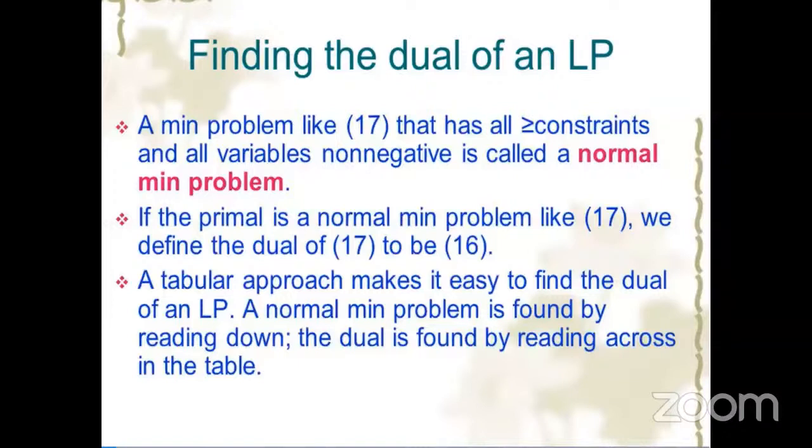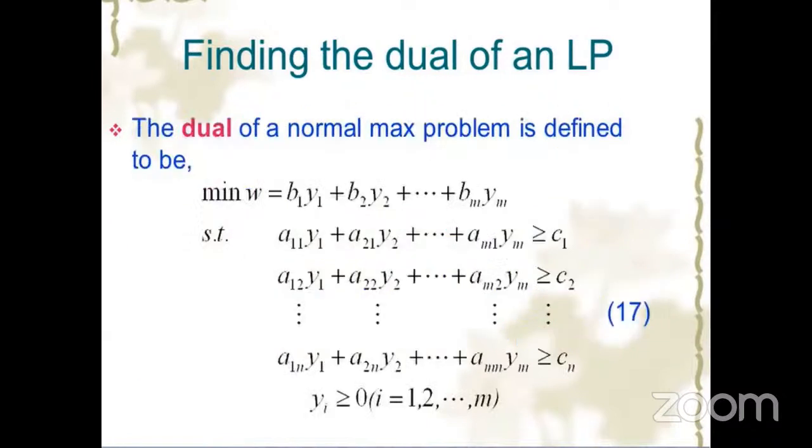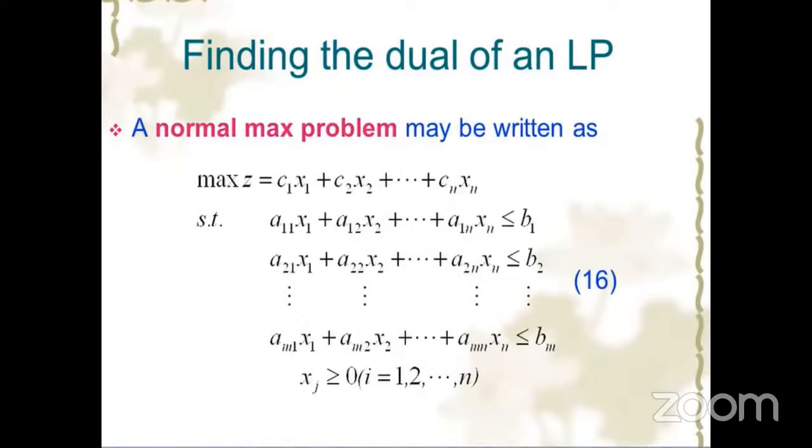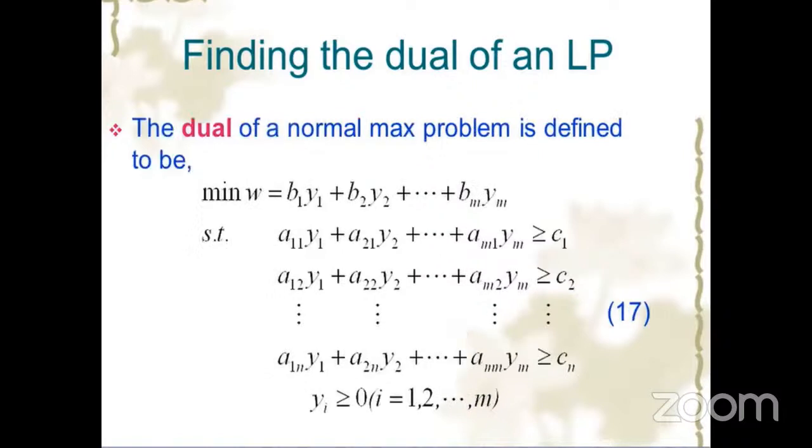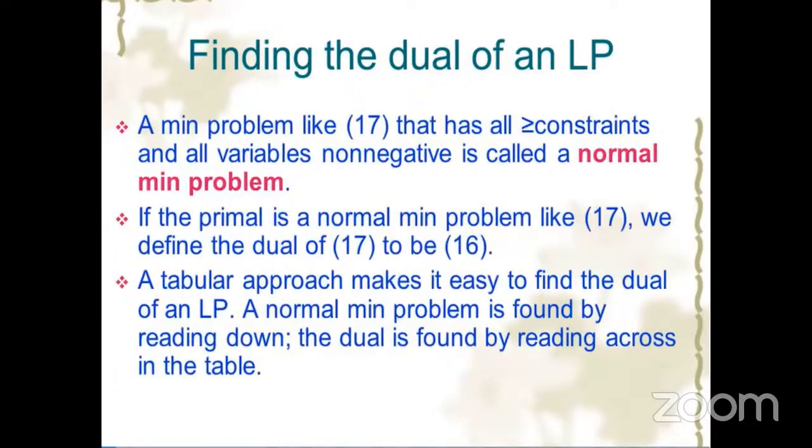That means the reverse. If the primal is 16, the dual becomes 17. If the primal is 17, then the dual becomes 16.